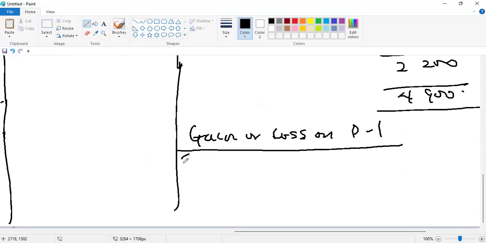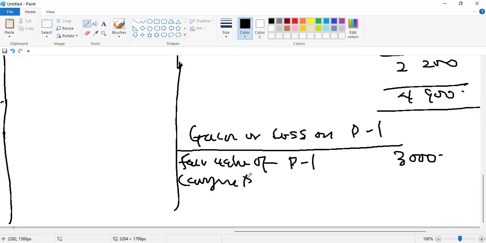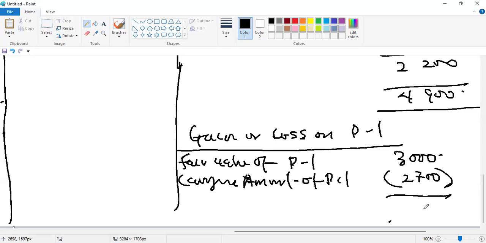So the fair value of previous investments is 3,000. What is now the carrying amount of previous investments? 27. The gain on previous investments is 300.